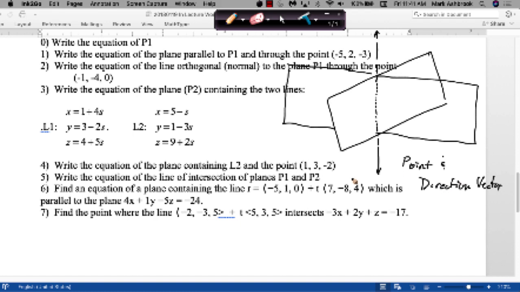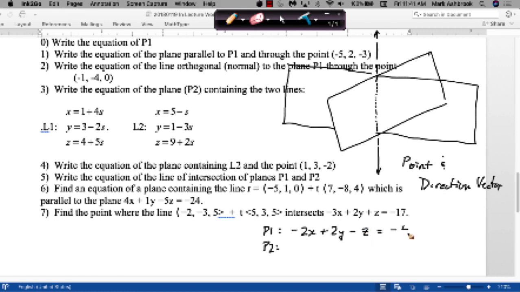Does anybody have planes P1 and P2, and you're pretty confident in the equations? Do you have them yet? P1 we should have. What's P1? -2x plus 2y plus z equals -4.